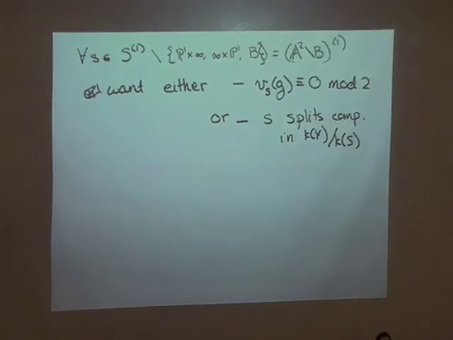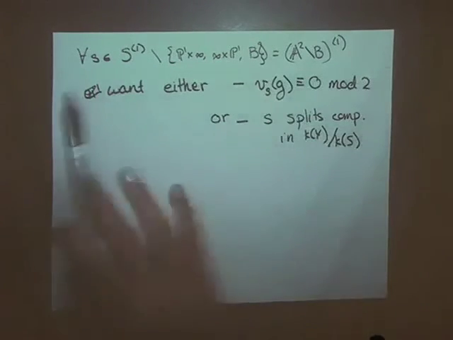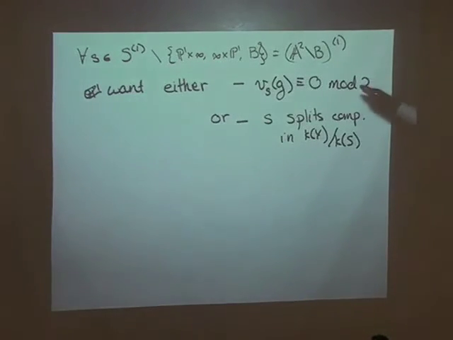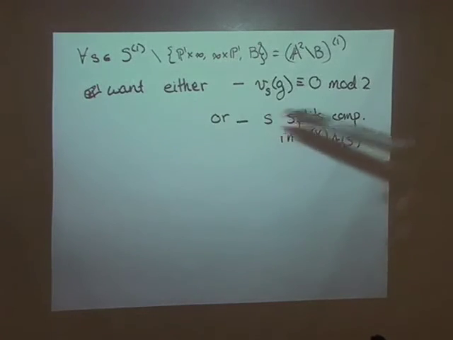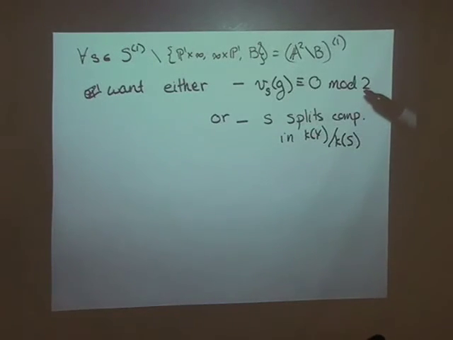So hopefully these conditions look very familiar. These are exactly the conditions for an algebra to be unramified at S. A cyclic algebra is unramified, remember, if and only if the valuation of the thing is 0 mod the degree of the extension, or it splits completely.